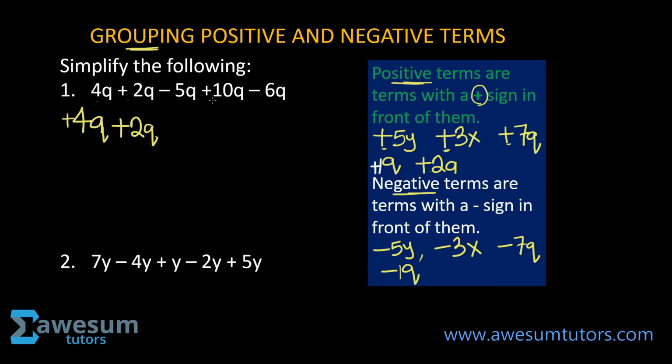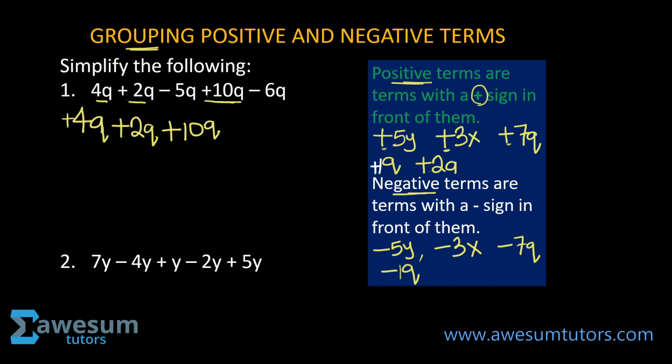This is also a positive term right here, positive 10q. As you can see, positive is in front of it. So I'll bring it right here, positive 10q. Can you see that now? Very easy. So now these are the positive terms. We brought them together.